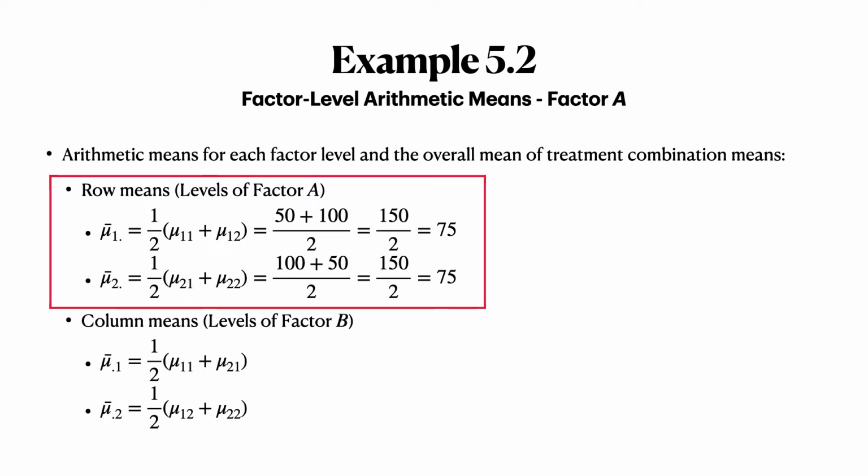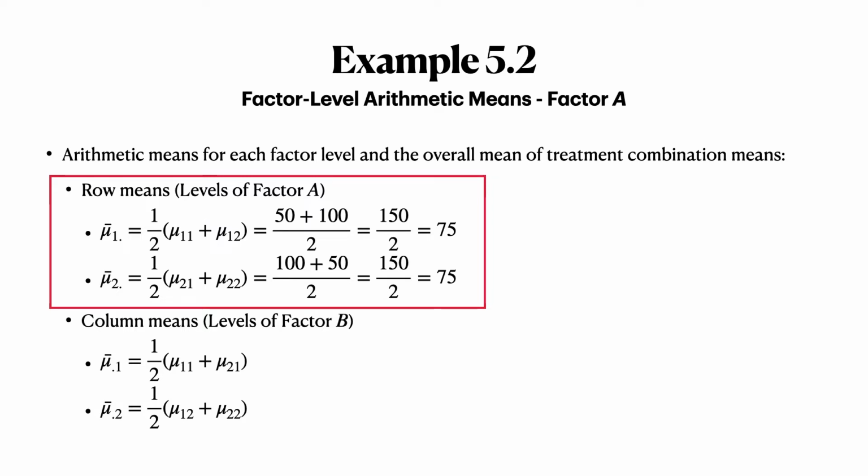These are the means of the levels of factor A. So mu bar 1 dot is the mean of the first level of factor A. The two treatment combinations at that first level of factor A have means of 50 and 100, and so when we average those values, we get 75.